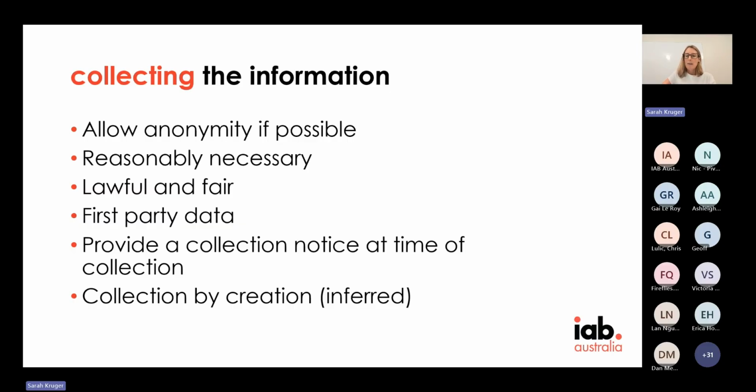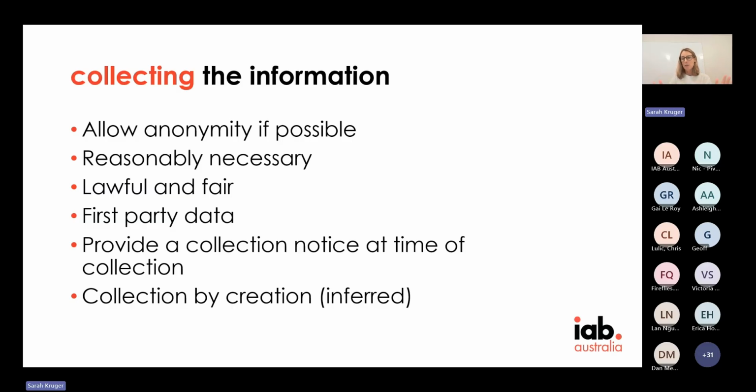It's also important to remember that neither collection notices nor privacy policies are mechanisms through which you gain consent. So when you're looking at the processes you need to follow, your collection notice is one thing, your privacy policy is another, and your consent is a third. And you do need to tick off on each of those individually. Consent only if you need it, but if you do, that's a separate process.